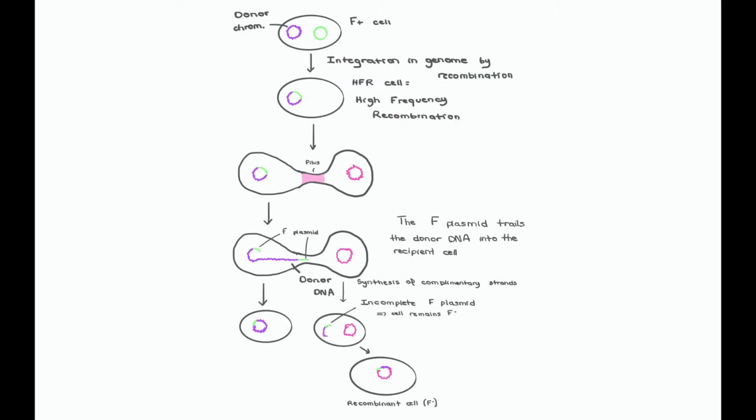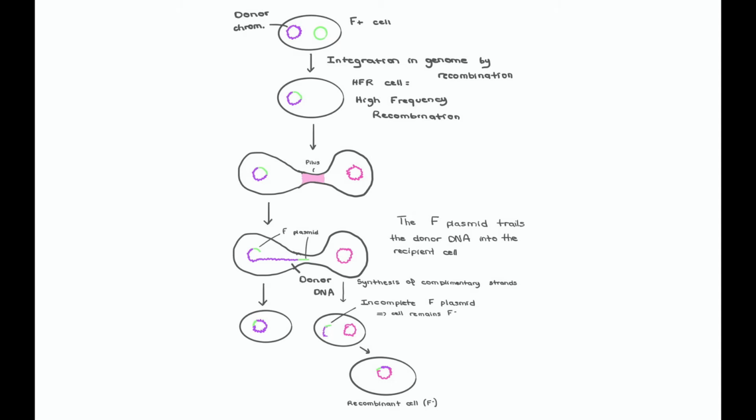Okay, right. So now I want to look at the second type of conjugation. Now this one is fairly similar to the first, but we're gonna go through it. Same thing as before. You have this bacterial cell. They've got their purple circular chromosome. They've got their F plasmid, so they are an F plus cell. Now here's where it differs. Here, the plasmid is going to get integrated into the genome.